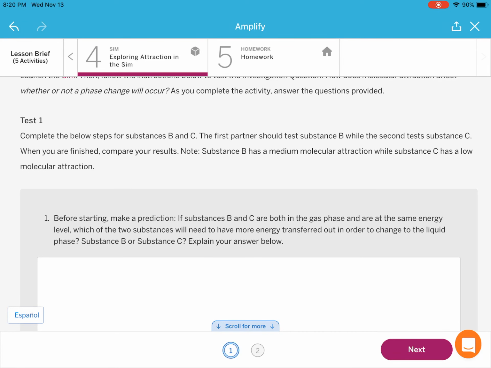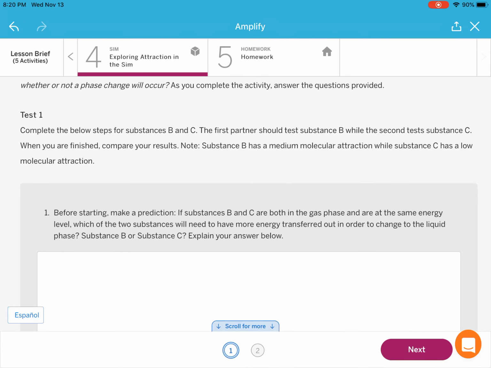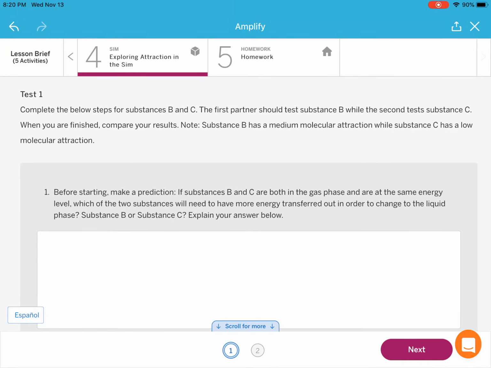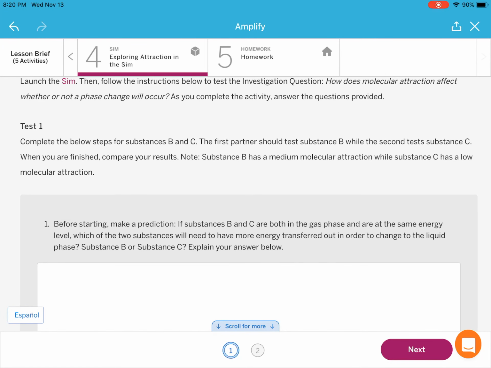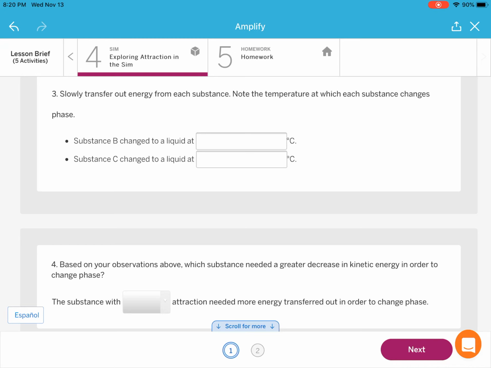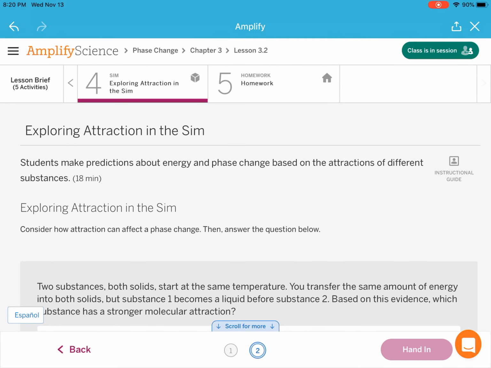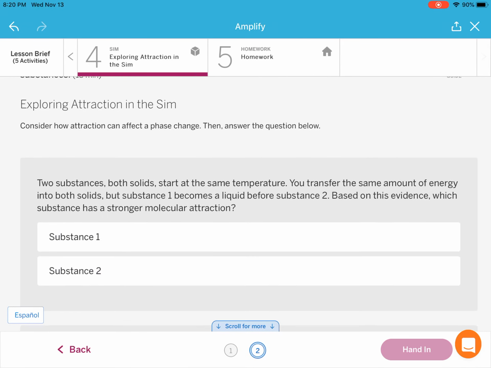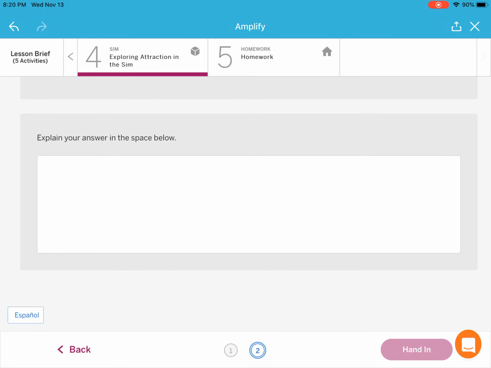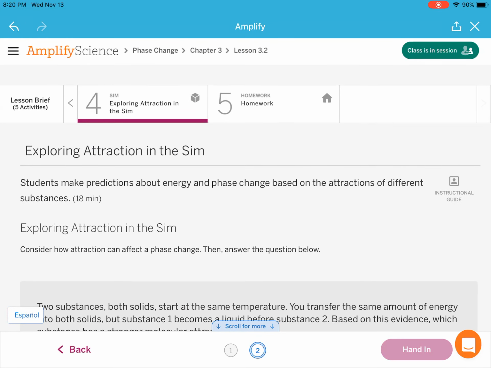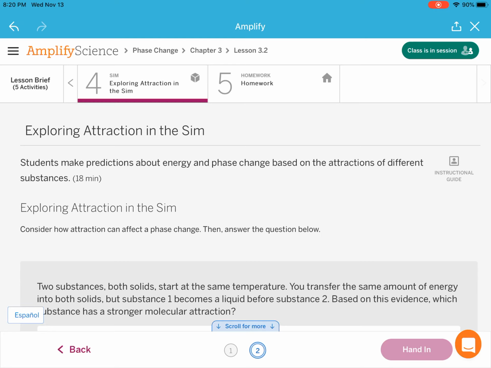You're going to complete it for substances B and C, share with your partner, and again, before you start any of them, you need to always predict. Always predict. The other thing is please make sure that you see that there are 2 circles down there. So there are 2 parts that you need to complete for this activity today. This is the end activity for today.